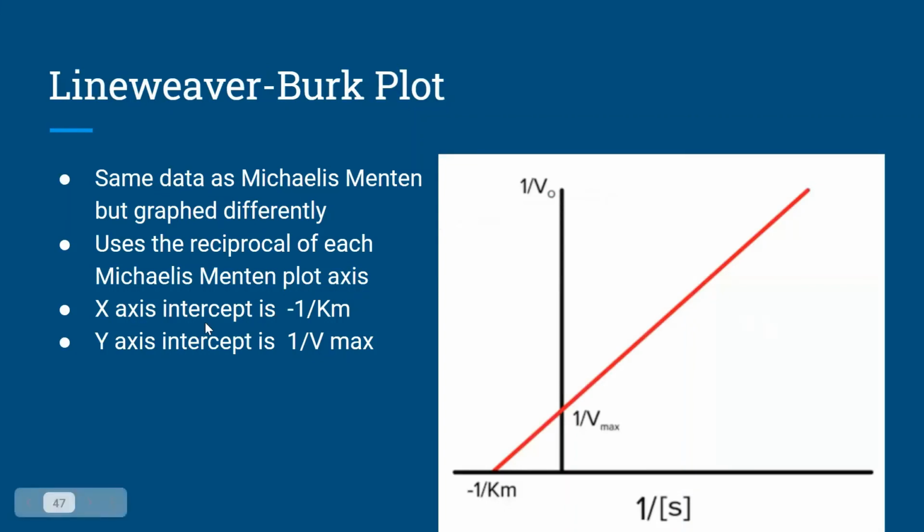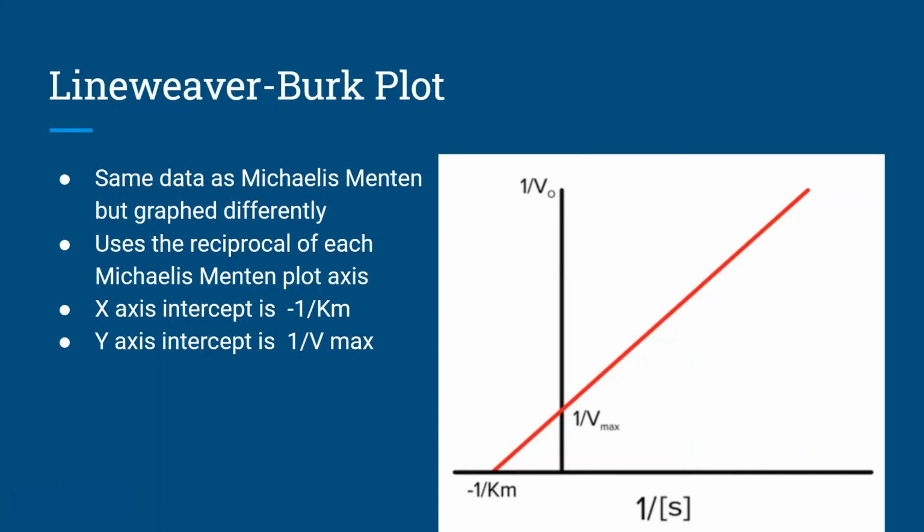It shows that the x-axis intercept is -1 over Km. So you can use the x-axis intercept to identify the Km, the substrate concentration to reach half of Vmax. And the y-axis intercept is 1 over Vmax. So you can use the y-axis intercept to calculate the maximum velocity of the reaction.